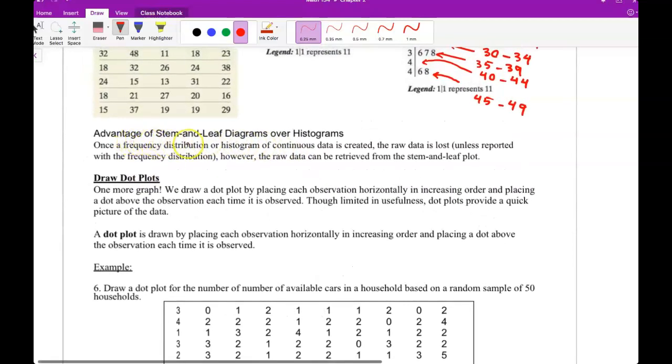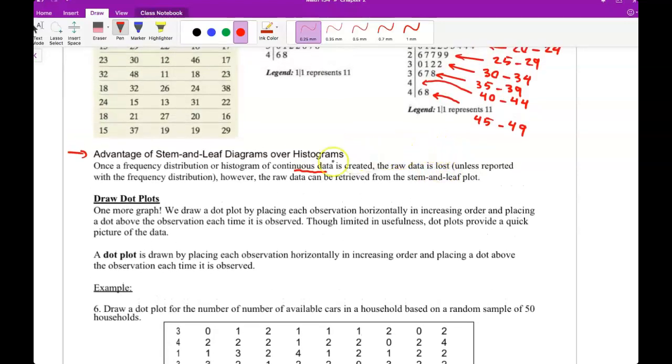Okay, here is an advantage of using stem and leaf diagrams over histograms. Once a frequency distribution or histogram of continuous data is created, raw data is lost unless reported with the frequency distribution. However, the raw data can be retrieved from the stem and leaf plot.